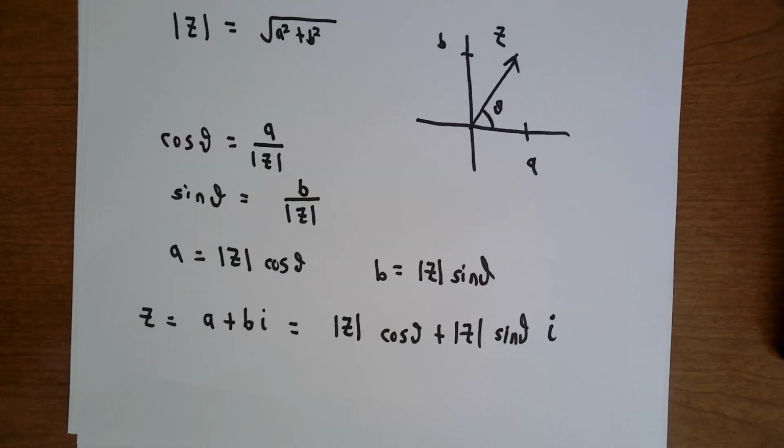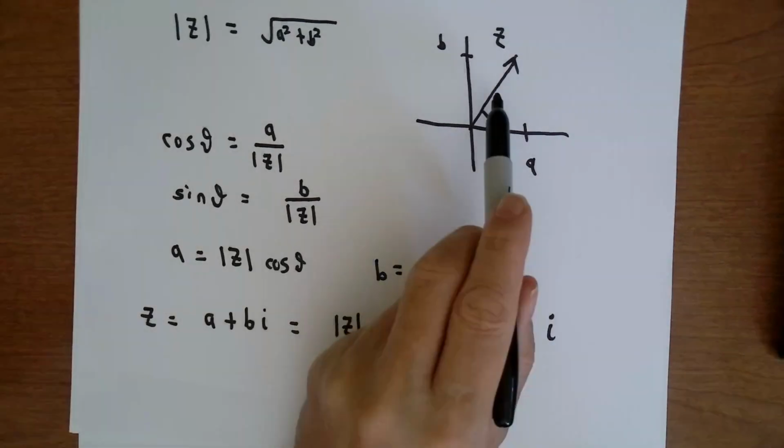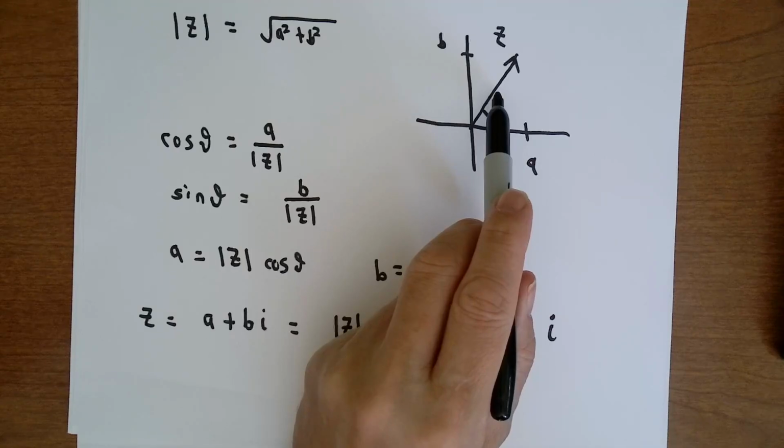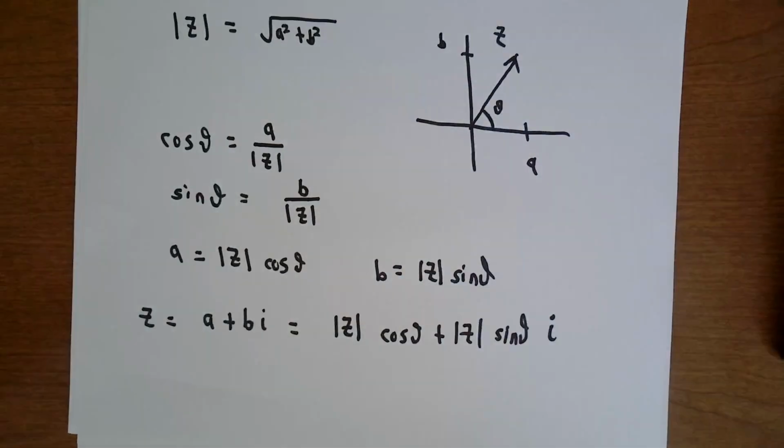In a way that's very similar to what went on in vector calculus, I can think of a plus bi in another way. I can think of a as being the modulus of z times the cosine of the angle that this arrow makes with the positive x-axis, and I can think of b as being the modulus of z times the sine of that angle.